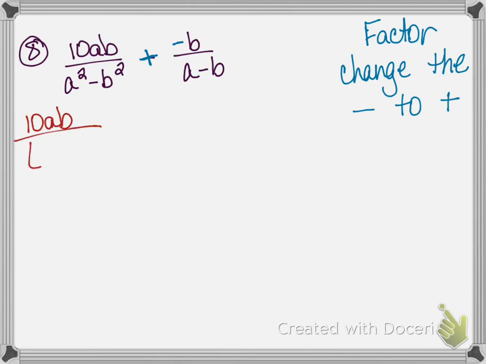Now this a squared minus b squared definitely gave people some headaches. A squared is perfect. A times a gives us a squared. The square root of a squared is a. B squared is perfect. B times b is b squared. The square root of b squared is b. Okay?